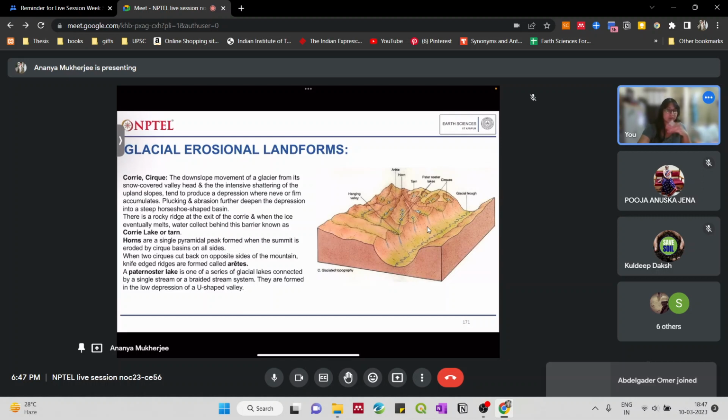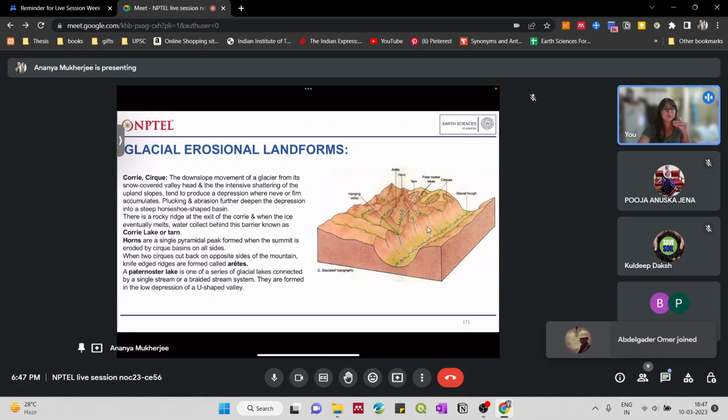Horns are pyramidal peaks that are formed by two or more cirques eroding. Say this is your cirque one, this is your cirque two. With erosion, this area is going to get eroded, and slowly later on you'll see that a sharp pyramidal peak is forming over here.